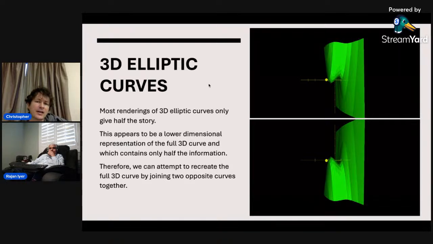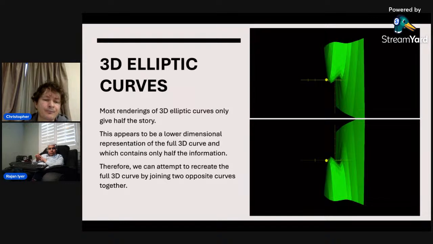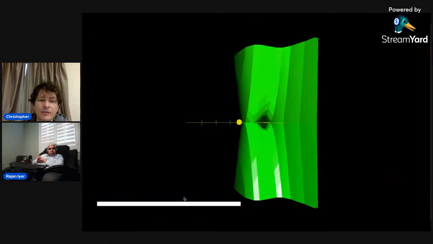But there's another way that we could look at 3D elliptic curves, because most of them only seem to really show half the story. And it appears to be a lower dimensional representation of a full 3D curve. So if it's half the story and there's this relationship between tori and elliptic curves, then maybe by joining these two opposite curves together, we see here, we could get the full picture.